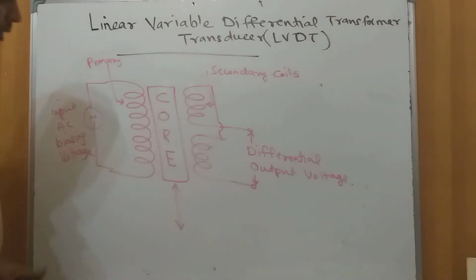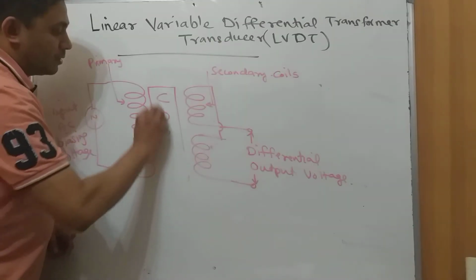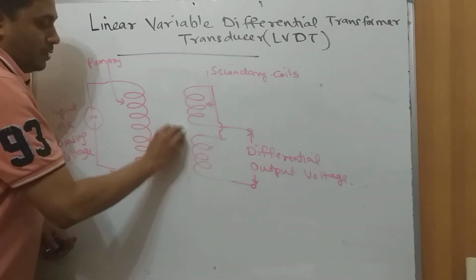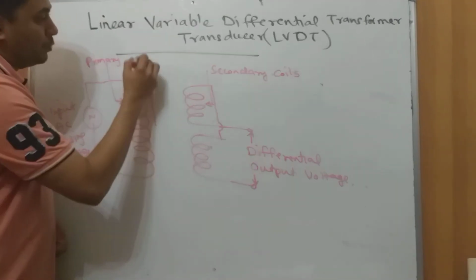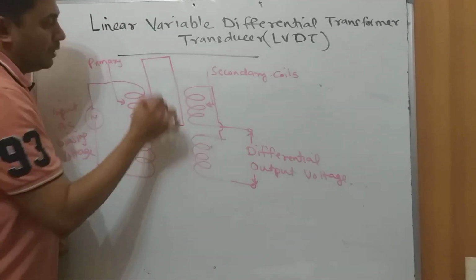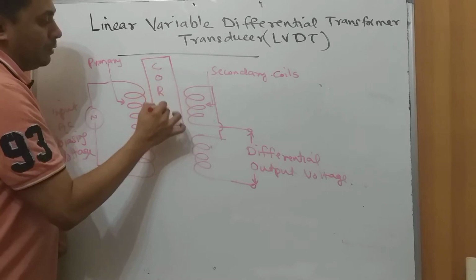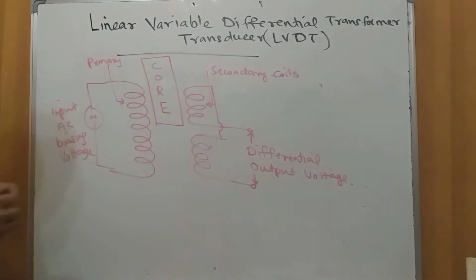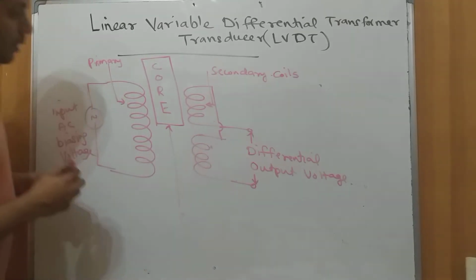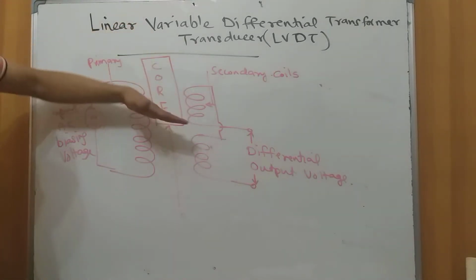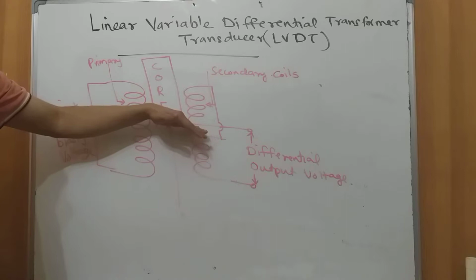Now let us consider one case where the core has moved to the upper part of the LVDT. As a result, it is clear from the diagram that this core covers the first coil, or the upper part of the coil.